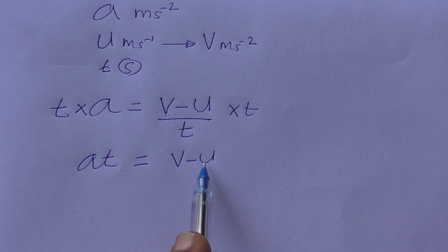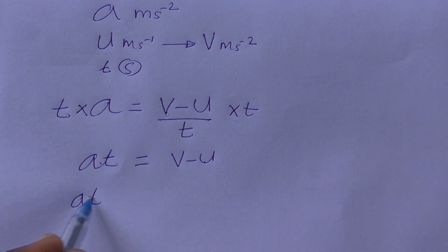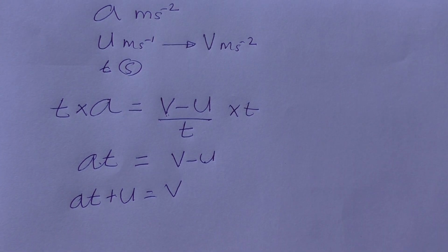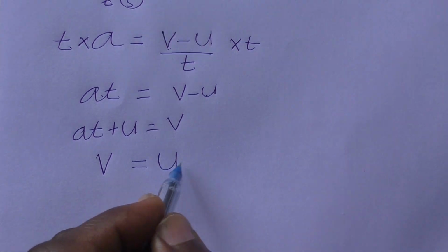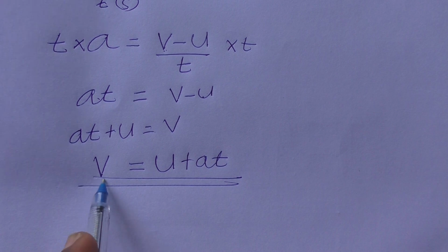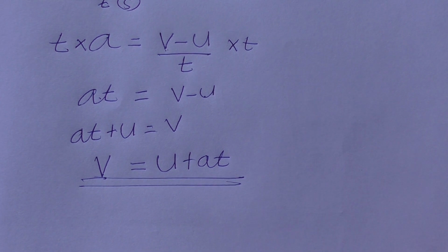And then we take u to the other side, which gives us at plus u equal to v. And therefore, we get v equal to u plus at. So, this is the first equation of a uniformly accelerated motion.